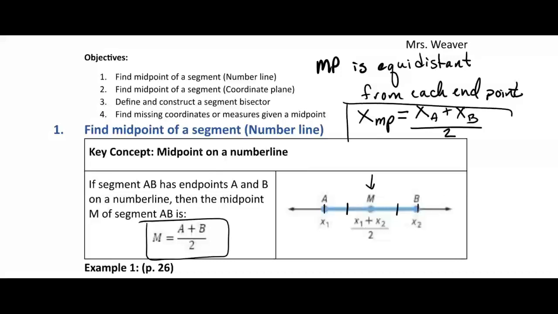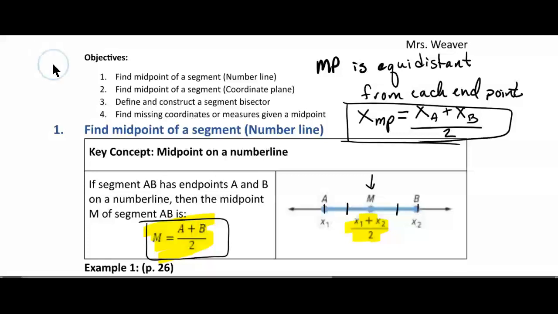And I like this form a little bit better because it really kind of combines this version and this version in a way that makes it clear what we're adding. Sometimes it can be a little bit confusing. A plus B, well, I wasn't told A equals anything. So this makes it clear that it's the x-coordinate from our A point plus the x-coordinate from our B point.